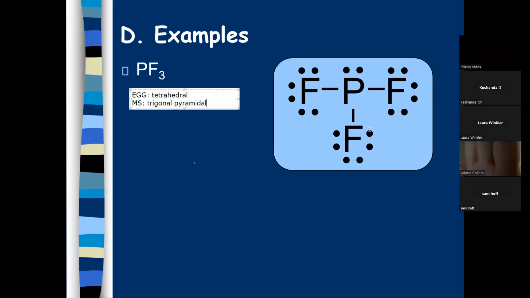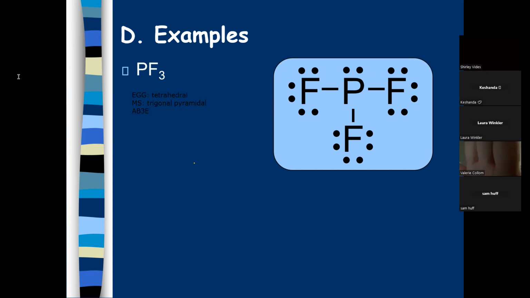Based on the 2 things that we know, that this is an AB3E. See, this is why I like the AB3E, because that right there tells me central atom, 3 bonds, 1 electron pair. And you can just go back and look at them and say, oh, yep, that's what that is. And you'll be correct.